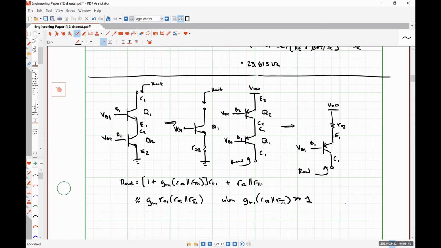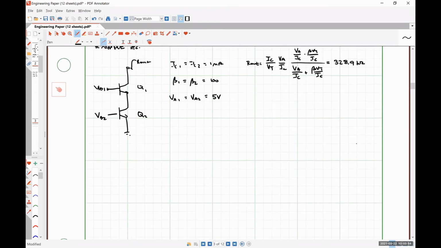So we'll have 1 plus GM R pi 1, R01 plus R pi 1, which means effectively, as R02 approaches infinity, R out approaches GM1, R pi 1, R naught 1, which is approximately equal to beta times R naught 1.